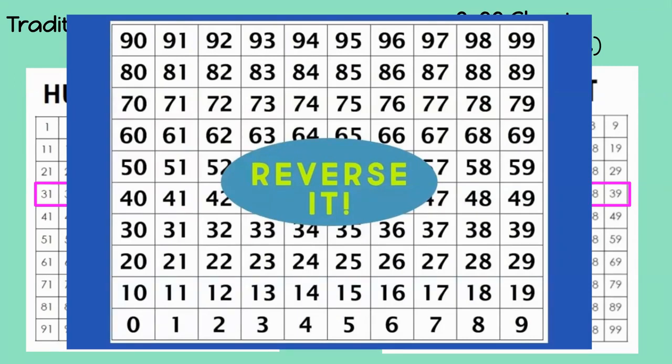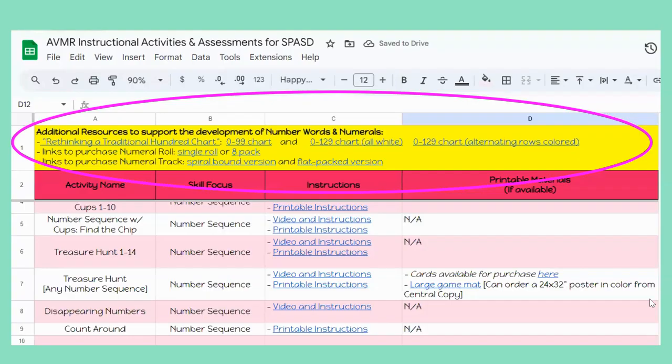Which is a little confusing the way a hundreds chart is structured now. I've run into some issues with this when trying to support my students in adding 10 or taking away 10. So just some thoughts. I have included some links to these charts and some more information in that spreadsheet that was shared with you earlier.